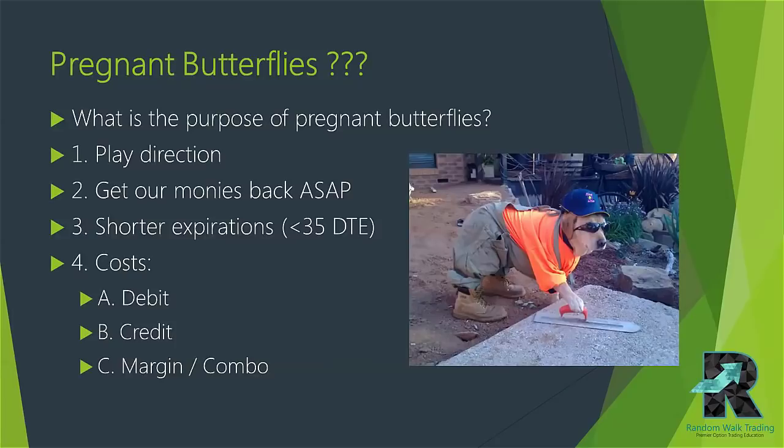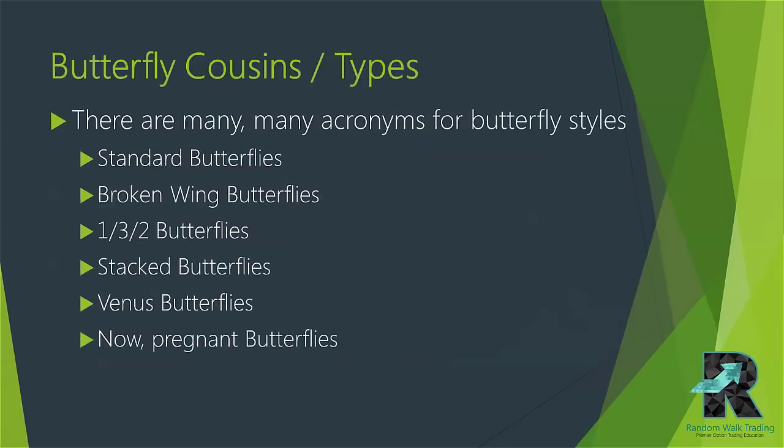So, some of the butterfly cousins or types: there are many, many acronyms for butterfly styles, and this is not a total list of all the different butterflies. Standard butterflies are the symmetrical butterflies that you learn in options 101.